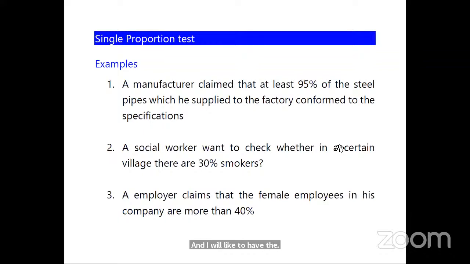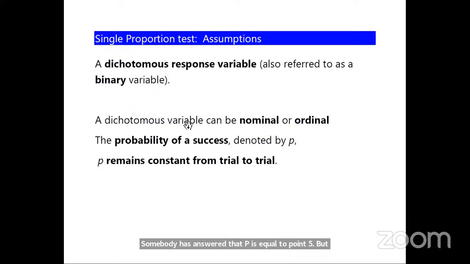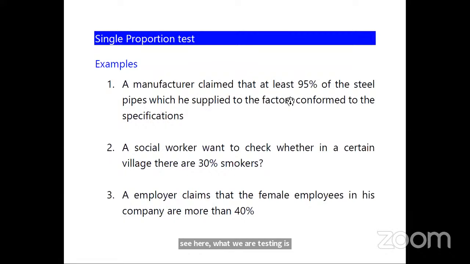0.5. Okay, all right. Somebody has answered that P is equal to 0.5. But see here, what we are testing is the claim of the manufacturer that at least 95%, right? Percent means proportion of good pipes.